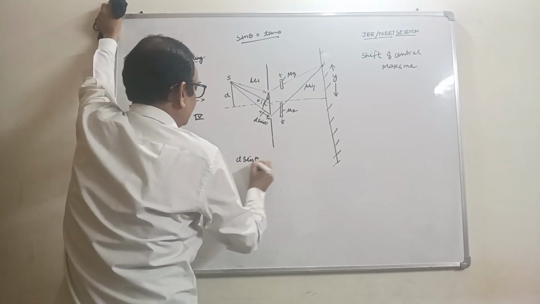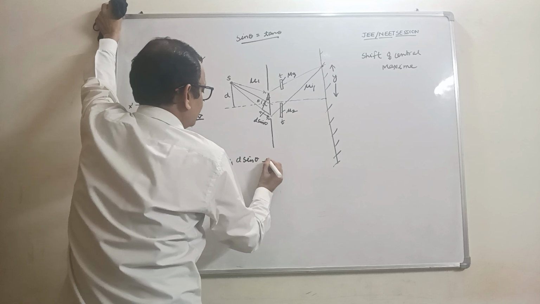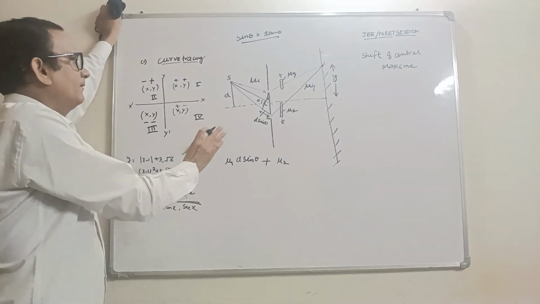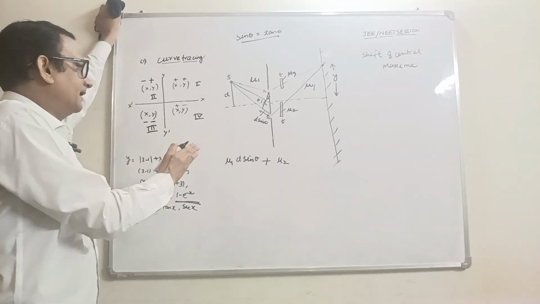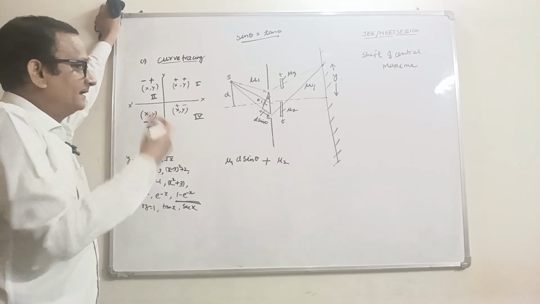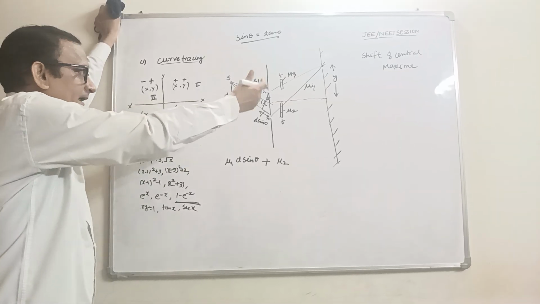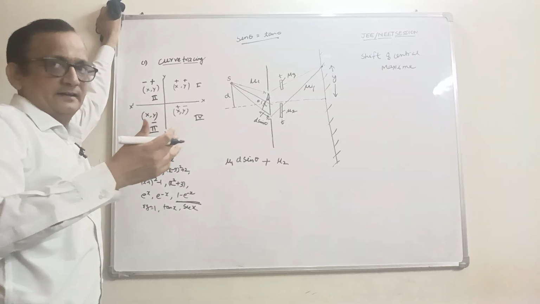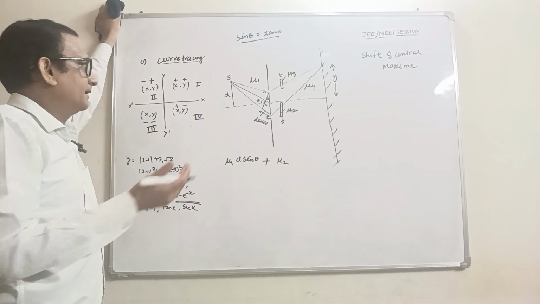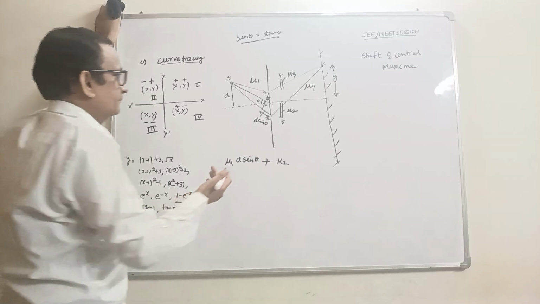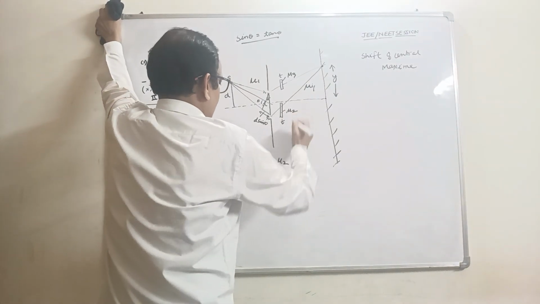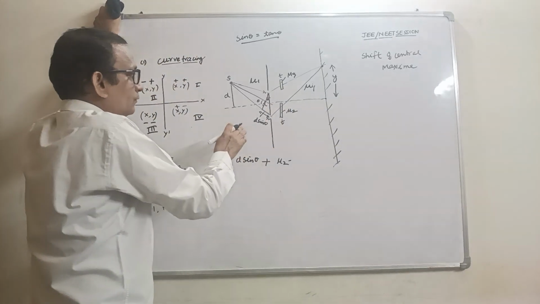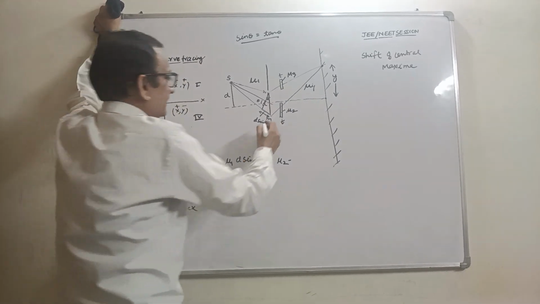We write d sin theta, and the refractive index is mu1 plus mu2. Don't worry, we only have to demonstrate here the relation of sin theta and tan theta. The mechanism of this interference will be explained in the chapter itself.